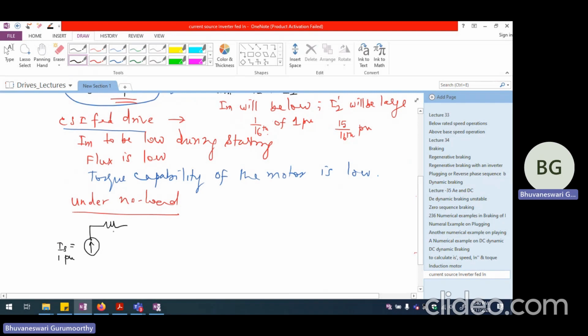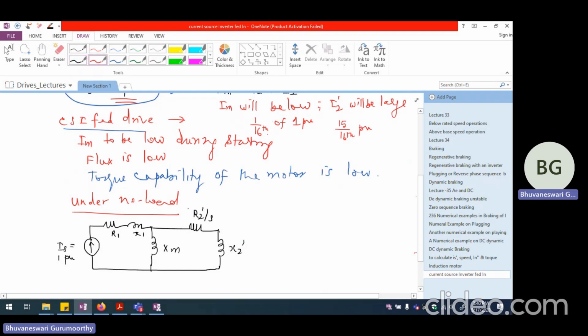I'm going to have R1 and X1, and I'm going to have this as Xm, and this is going to be R2 dash divided by S, and then this is going to be X2 dash. This is the kind of equivalent circuit we consider always.